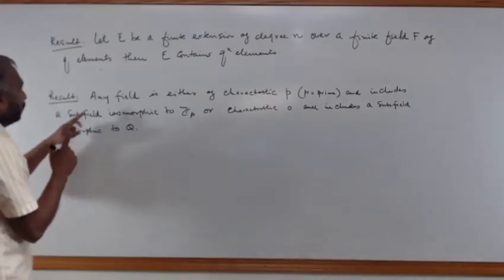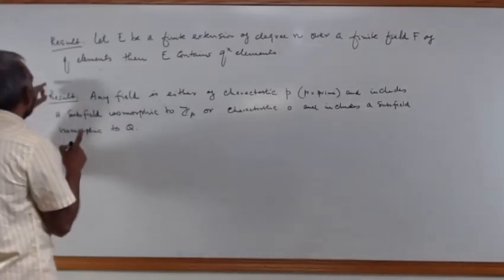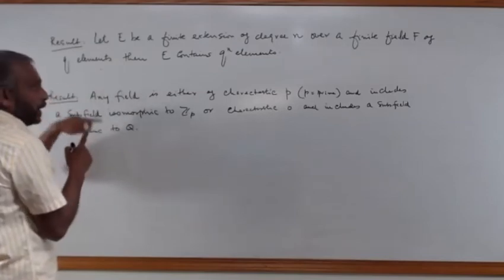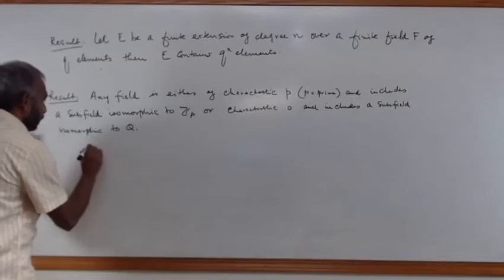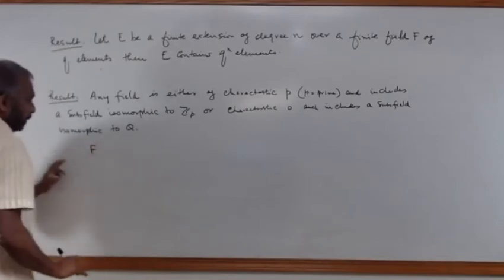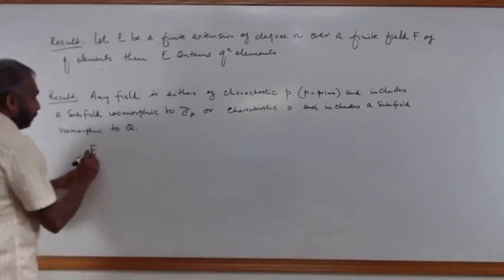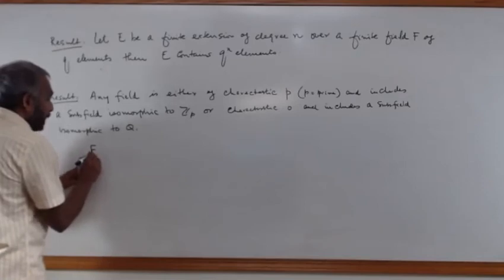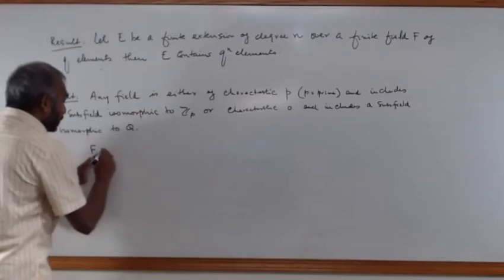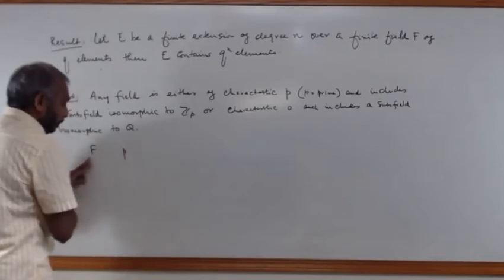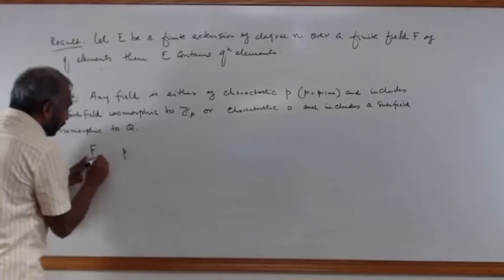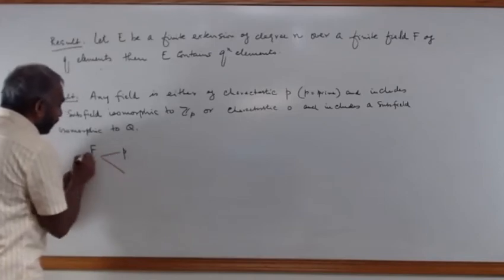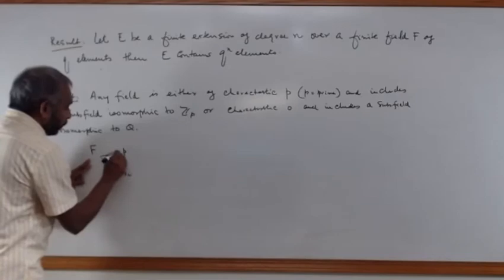result. You already established this one in prime and maximal ideals. Meaning, if you take any field, then either it has to be of characteristic p for a prime p, or it has to be of characteristic 0.